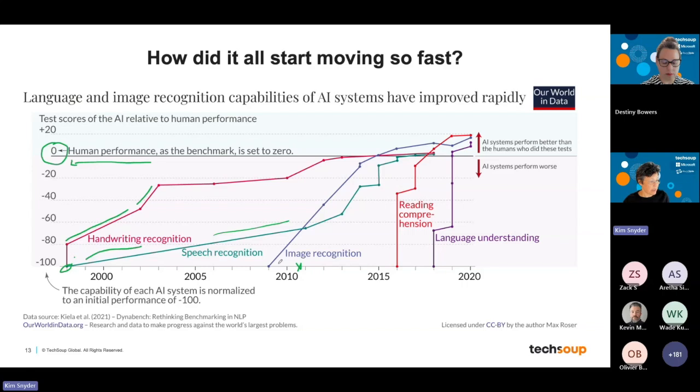Things started happening in 2007. Google was doing research around image recognition, right? So this was taking the type of handwriting recognition from earlier to image recognition, which is more sophisticated. And all of a sudden, at this point, you start to see these trajectories that go straight up.